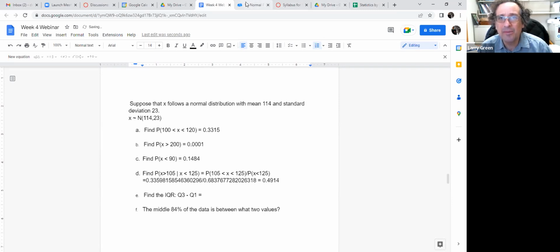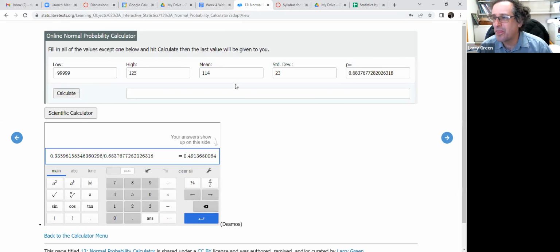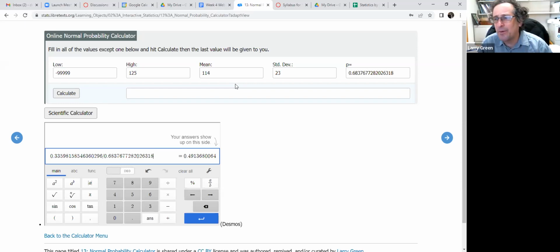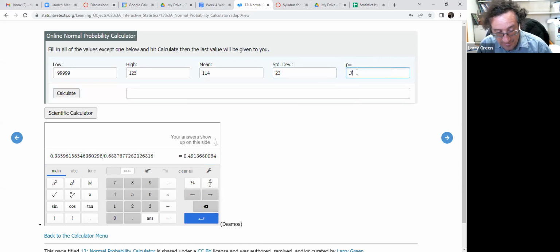Any questions on that? So you go Q3 minus Q1. So now let's go back here. And we want to go Q3. Q3, what does that stand for? 75%, 0.75. Yeah, so that means there's a probability of 75% of being less than that value. So we know the probability this time, it's 0.75.